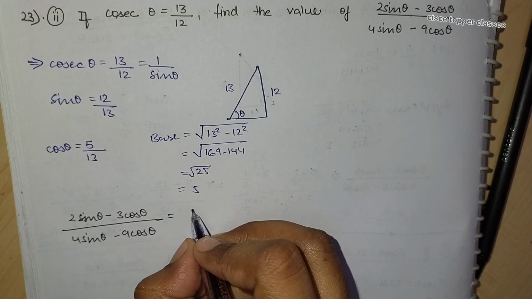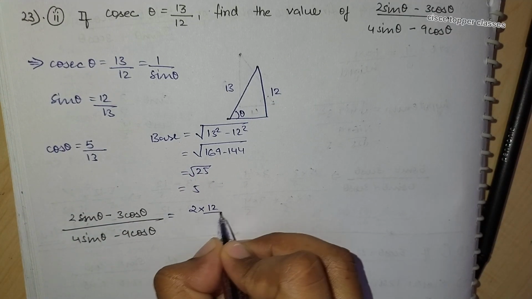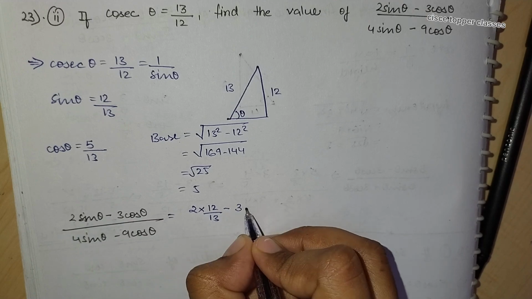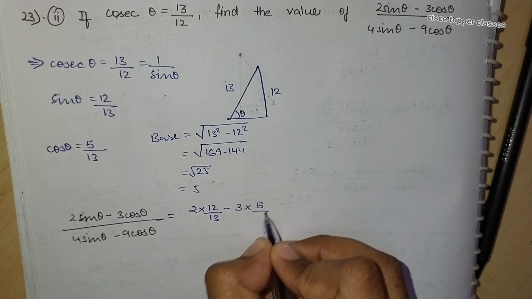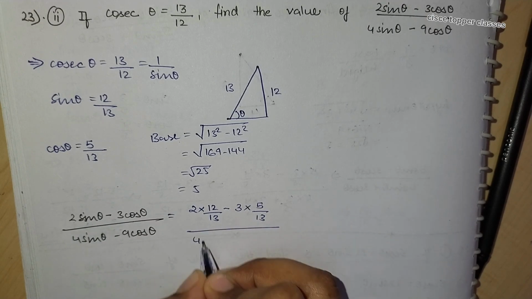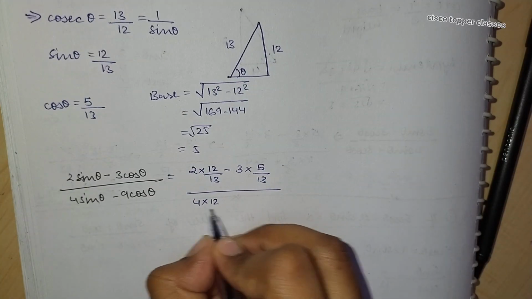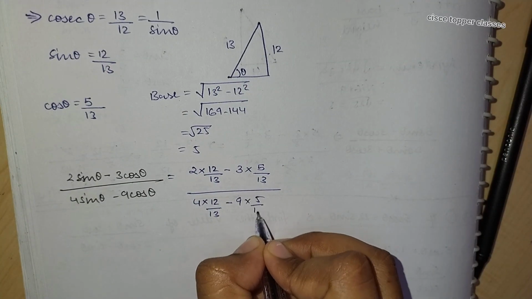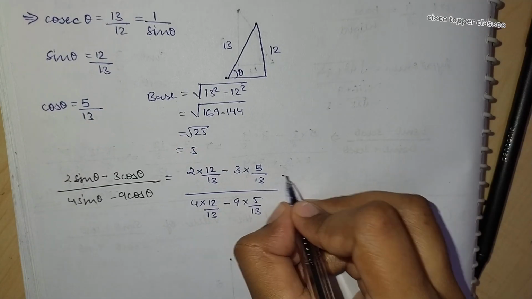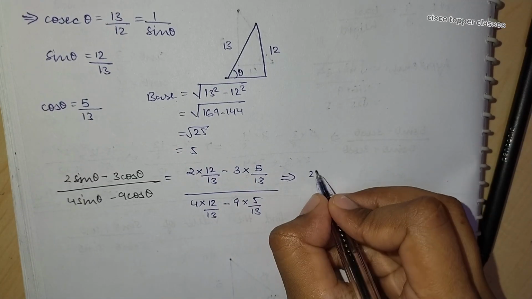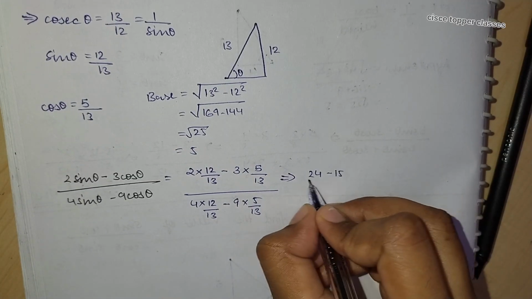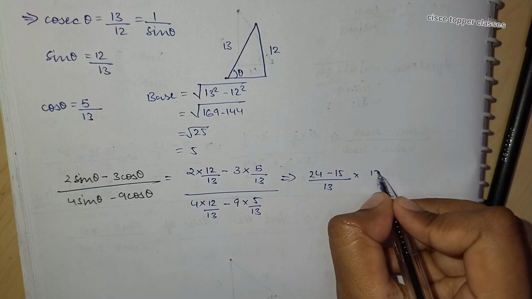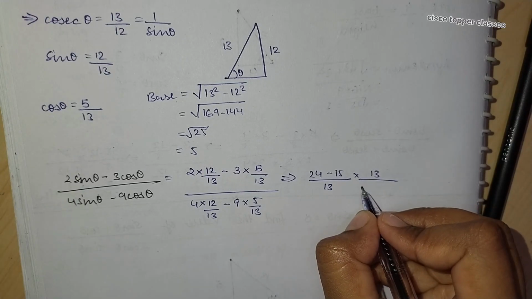If we put the values in this part, 2 sin theta will be 12 by 13 minus 3 cos theta, which will be 5 by 13, divided by 4 sin theta, which will be again 12 by 13 minus 9 cos theta, 5 by 13. So this we will calculate here. This will be 24 minus 15 divided by 13 into 13 divided by 12 into 4.